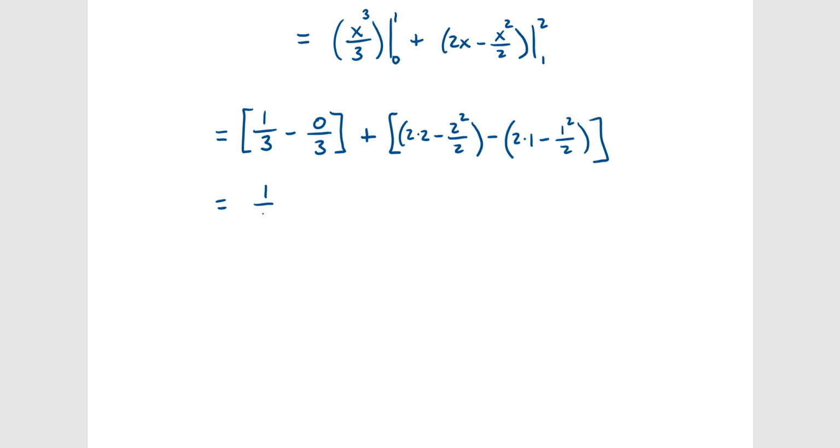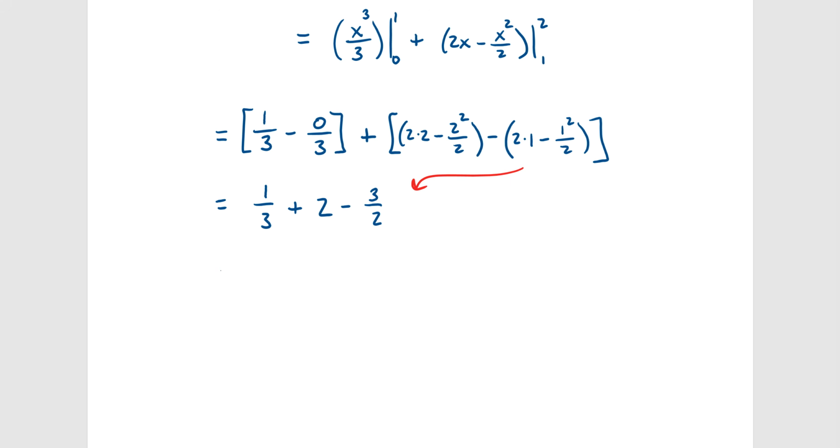This is going to be 1/3 plus, the first part right here is going to give us 4 minus 4 over 2. 4 minus 2 is 2. And then the second portion right here gives us 2 minus 1 half, which is 3 halves.